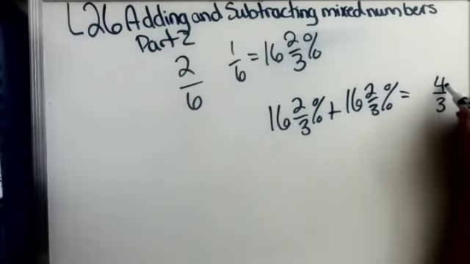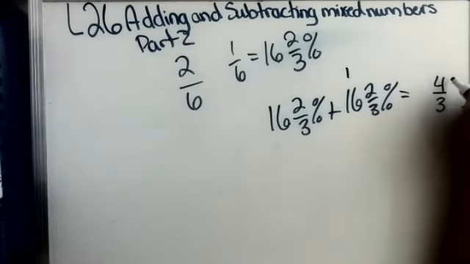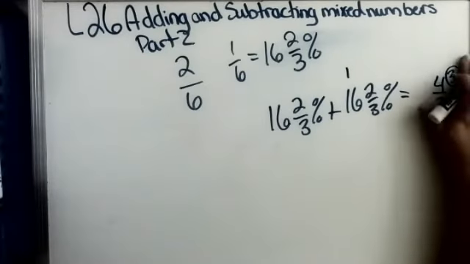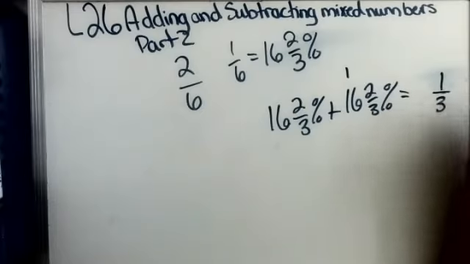How many whole threes are there in 4? There is 1. So I'm going to carry my 1 over my 16s, just so I know it's there. If I'm taking 3 out of 4, I am left with 1/3 as my fraction.